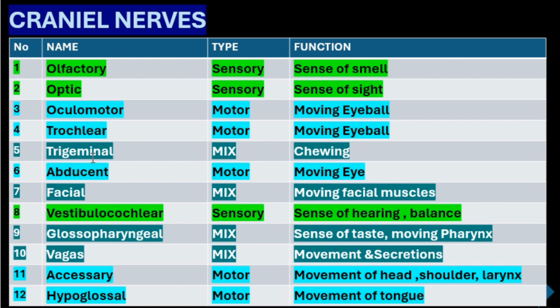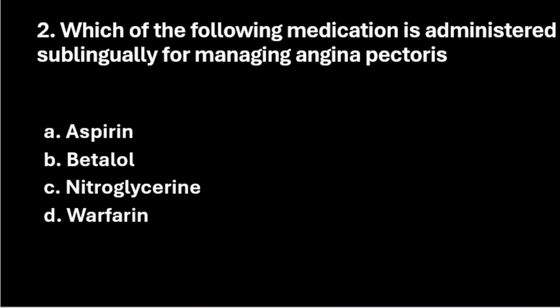The mixed color is for the mixed nerves, which are nerve number 5, trigeminal, facial, glossopharyngeal, and vagus. So just remember this color code for remembering easily what are sensory and motor nerves, and the same for afferent and efferent nerves. Next question.